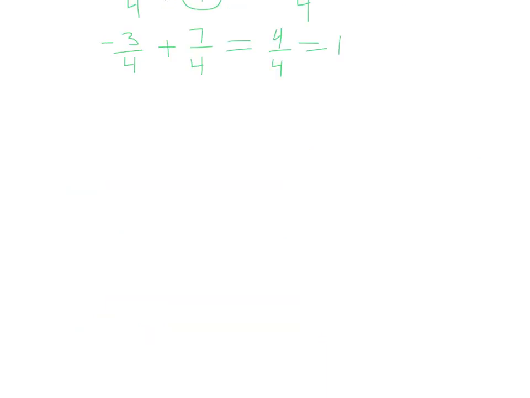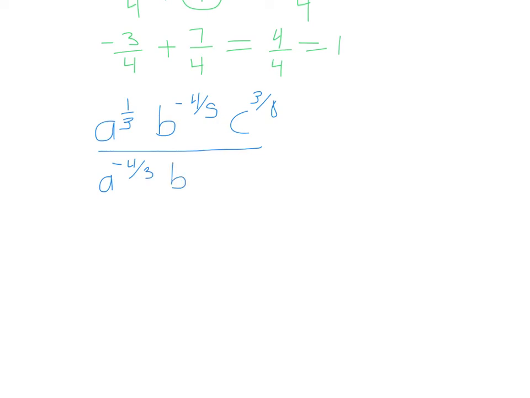Okay, two more examples. Let's take a to the 1/3, b to the -4/5, c to the 3/8, all over a to the -4/3, b to the 1/5, c to the -5/8. So we want to simplify, so that means each base shows up one time, and we've got positive exponents.